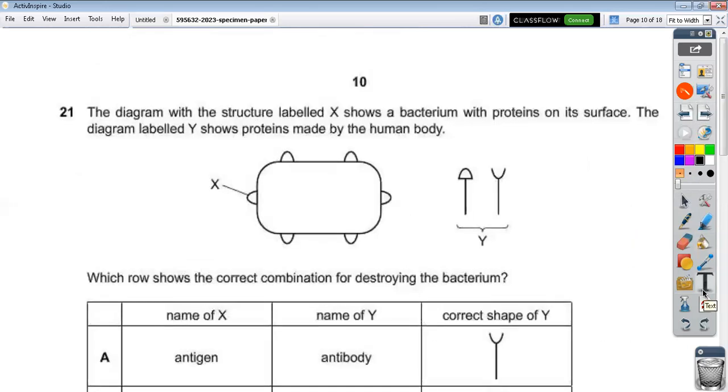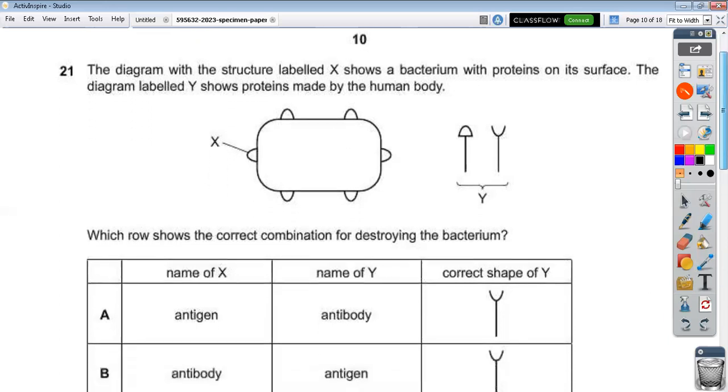Number 21. The diagram shows you the structure labeled X showing a bacterium with protein on its surface. The diagram labeled Y shows you the protein site by the human body. Which row shows the correct combination for destroying the bacterium? Which row shows the name of X, the name of Y?